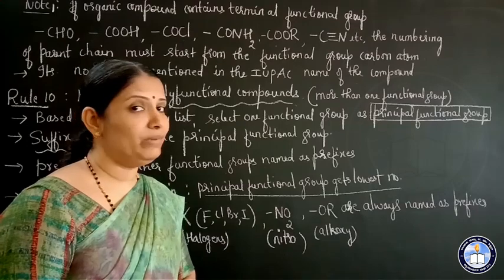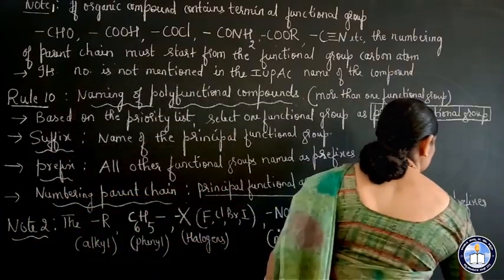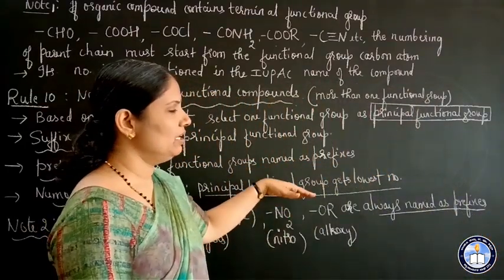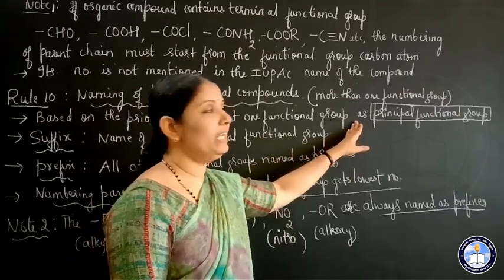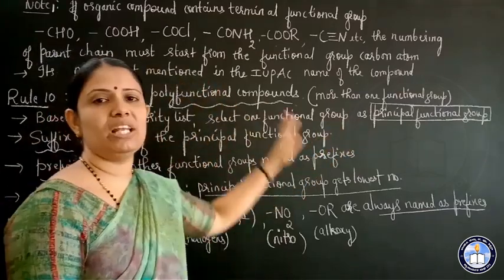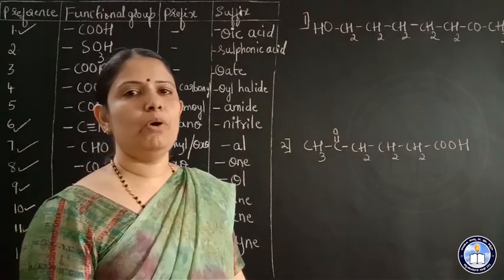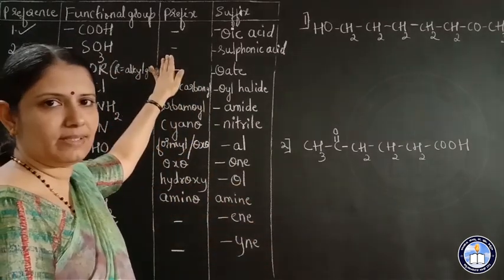They are not named as suffixes. Always they are named as prefixes. Now I will write the priority list in order to select the principal functional group in the case of polyfunctional compounds. So for polyfunctional compounds, we have to refer to this priority list.